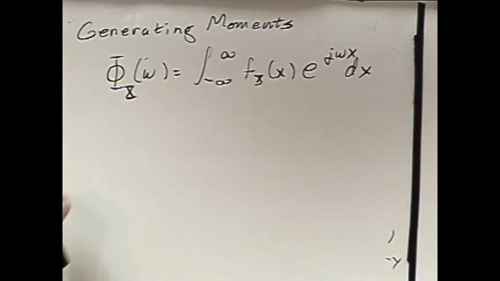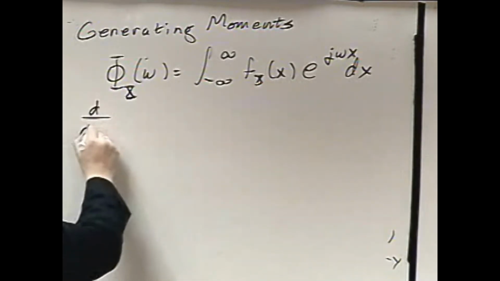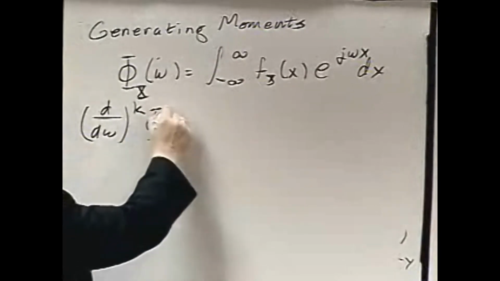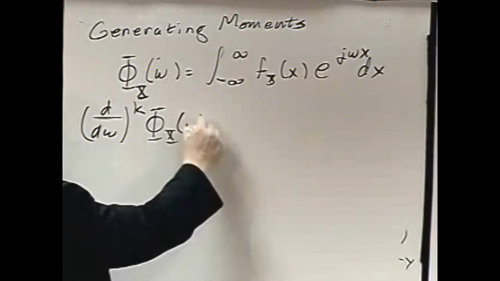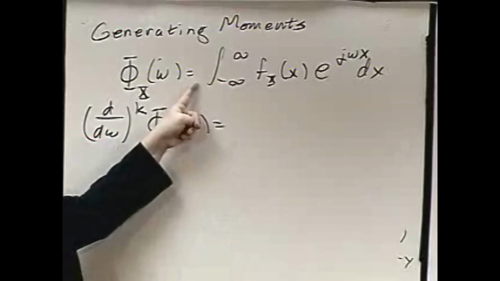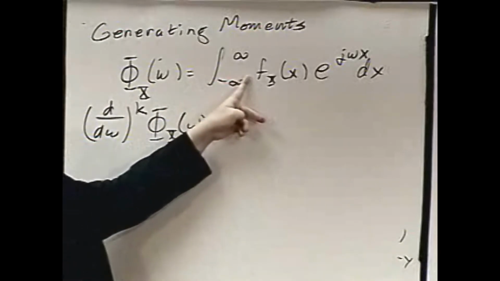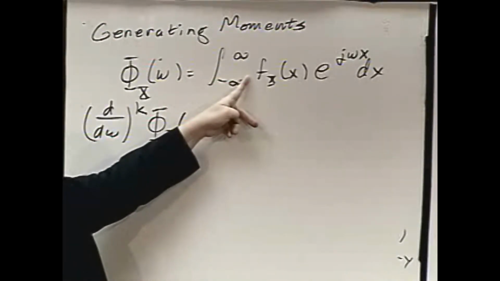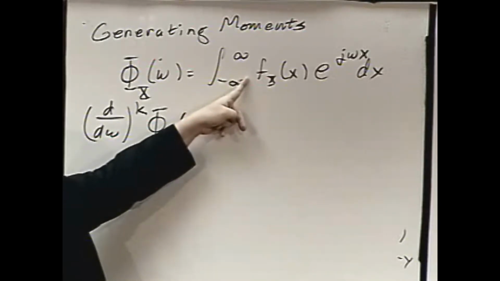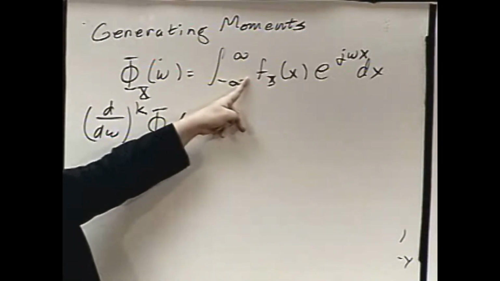Notice what happens if I differentiate this k times. If I differentiate this characteristic function k times, well, what do I do? Can I take the derivative past this integral? Yes. When can I do that? Always, right? Okay.